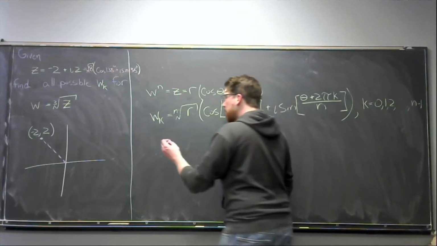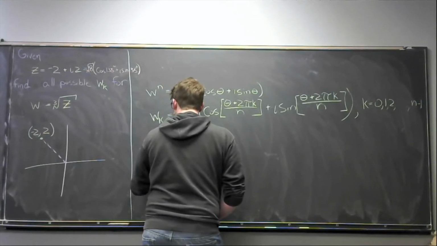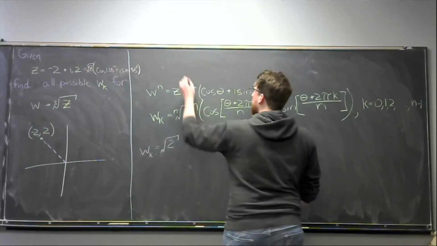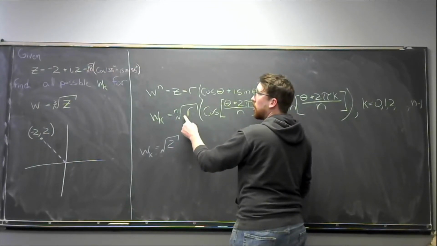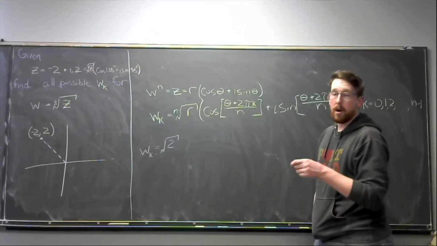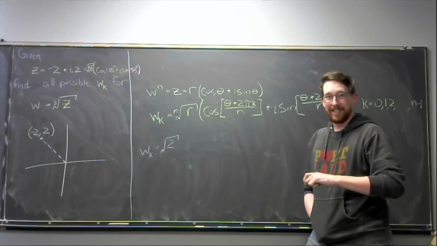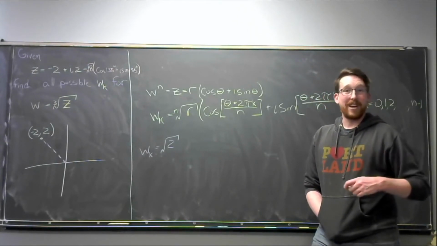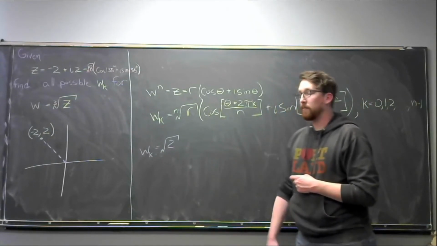So our w_k's are going to be the square root of 2. Again, that's because we're taking the cubed root of the square root of 8, and 2 cubed gives us 8. So it must be that our answer is going to be the square root of 2.